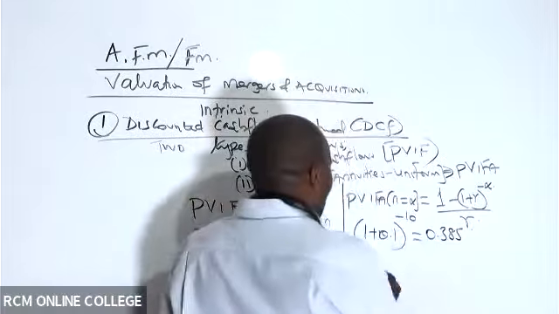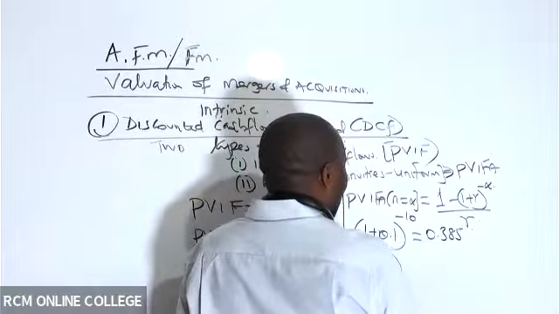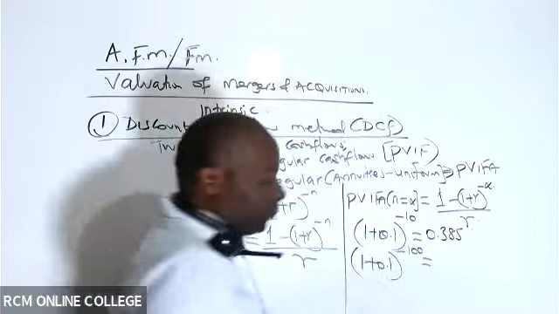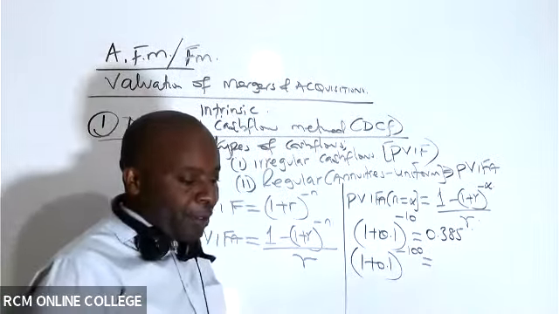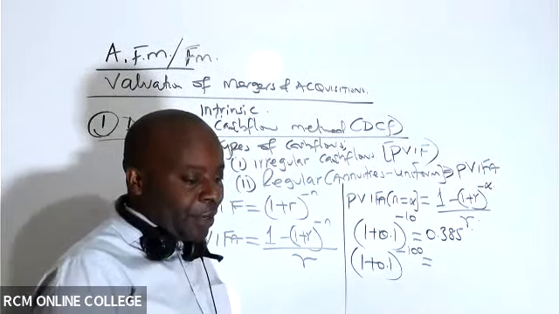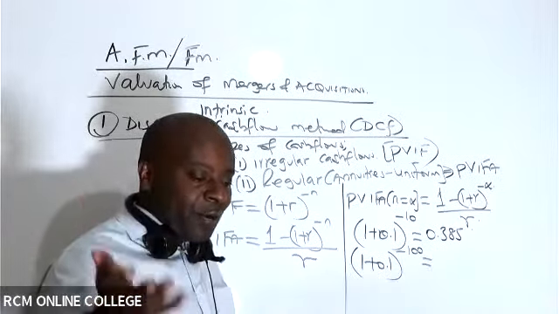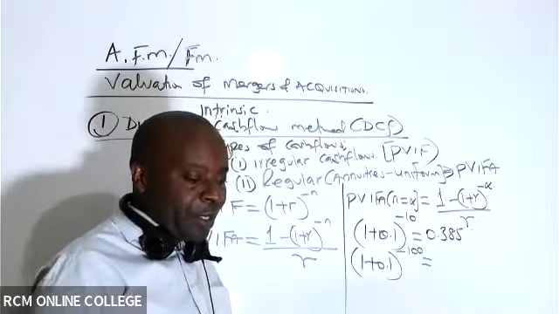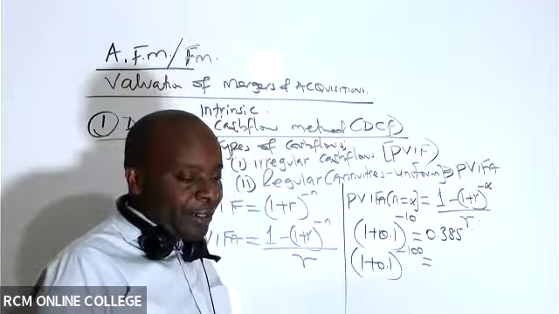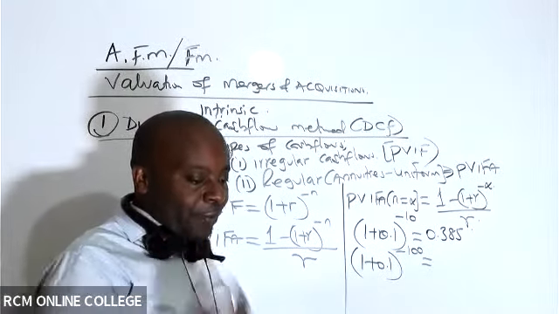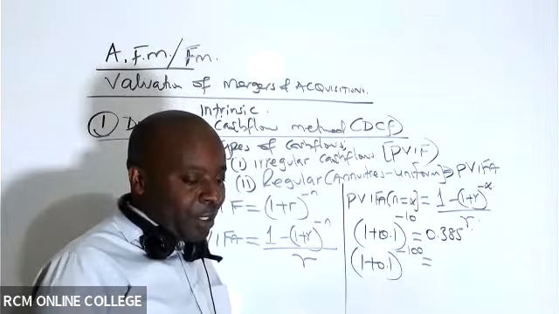Then from there we have 1 plus the same r, right? But n has now increased to 100. So is there somebody who can give me this, 1 plus 0.1, which is 1.1, right? So 1.1 raised to negative 100. What figure are we going to get here?